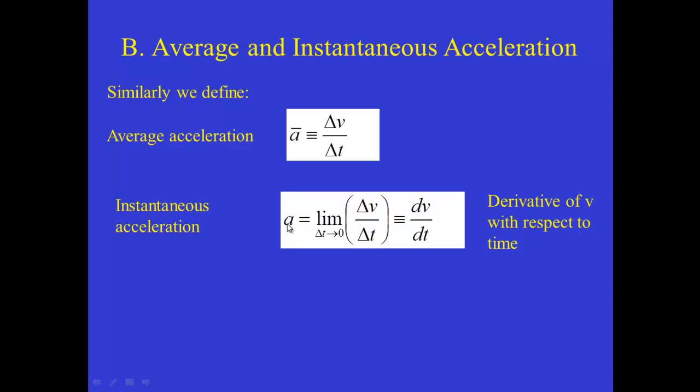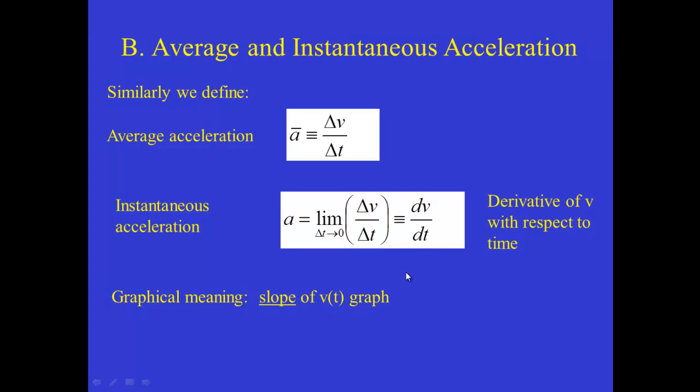So a, the instantaneous acceleration, is this limiting case of delta v over delta t, and symbolically we express it as dv over dt, or the derivative of v with respect to time. And once again, graphically, if we had a plot of velocity versus time, the acceleration would be the slope of the velocity versus time graph.